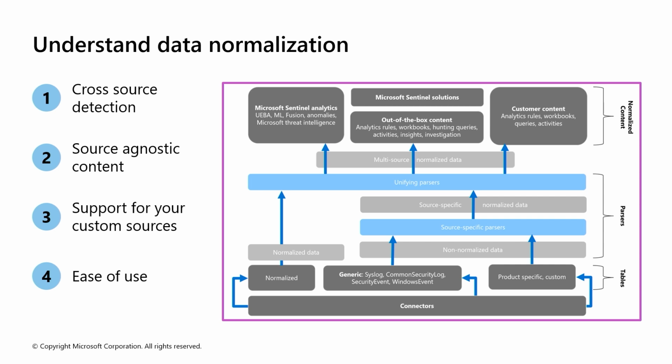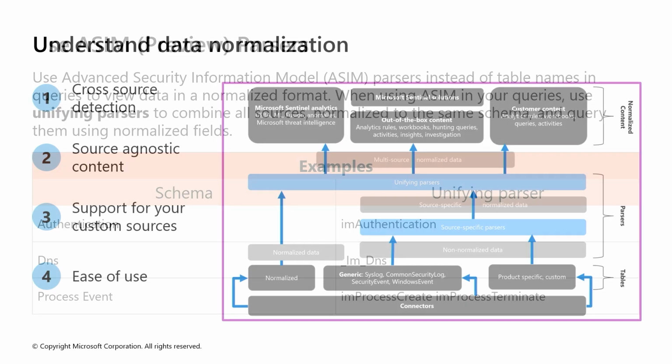Support for customer sources is essential, allowing organizations to bring in unique or proprietary data formats. And then finally, the entire process is designed with ease of use in mind, so security teams can focus on detection and response rather than data formatting. This approach ensures scalable, efficient, and consistent threat detection across your entire diverse environment.